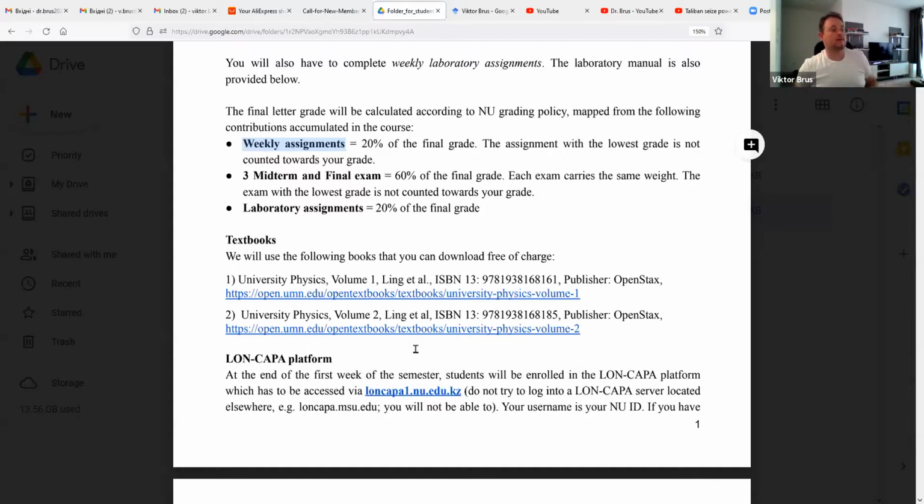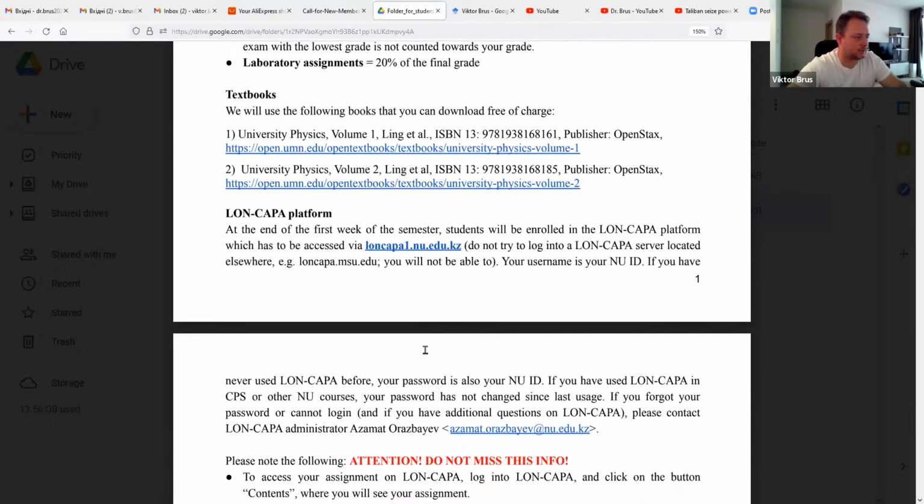have any homework assignments. This week, we will take some time to get all your lists of students for each section and create your accounts in the LongCAPA system, and then provide you information on access to LongCAPA. So this work will be done by our LongCAPA administrator, and his name is Azamat Orasbayu.